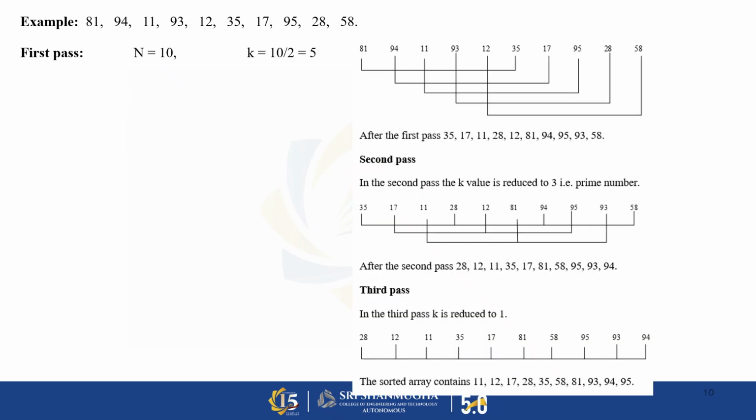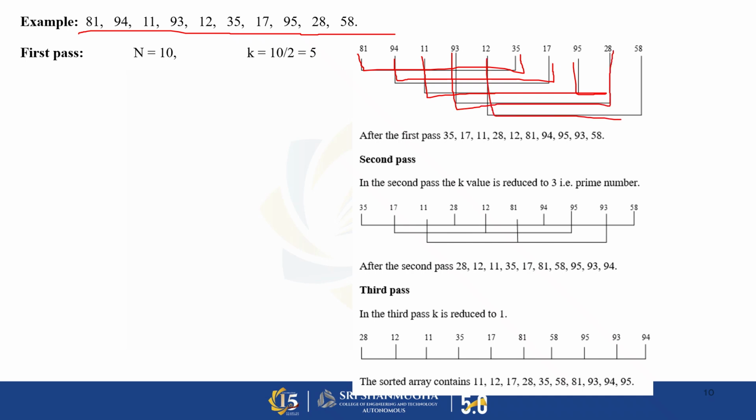So next, this is the first pass. We have one set of numbers: 81, 94, 11, 93, 12, 35, 95, 58. This is the first pass. 81 is compared first, then 94 the second number, and 11 and 95. The third one is 93 with shell sorting, and finally 12.